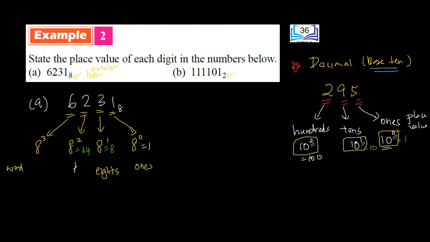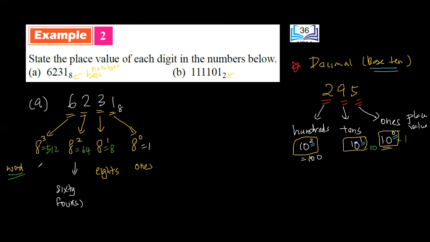So how do we call this one then? In words, we'll call it 64. Sounds strange, yeah? Likewise, 8 to the power of 3, we get 512.